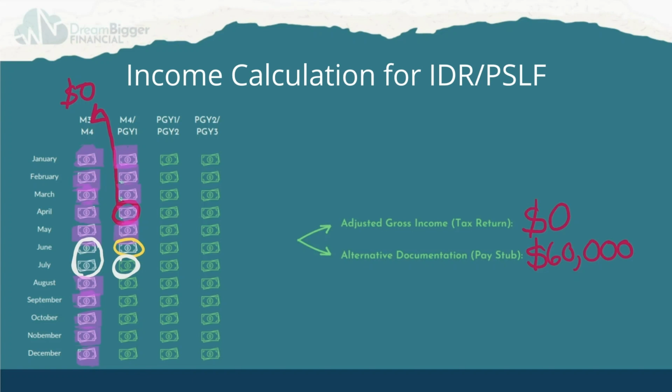If we used $60,000 for our calculation, our payment would be around $300 to $350. So by filing a tax return, our payment would be $0, versus if we used an alternative documentation of income, our payment would be closer to $350.